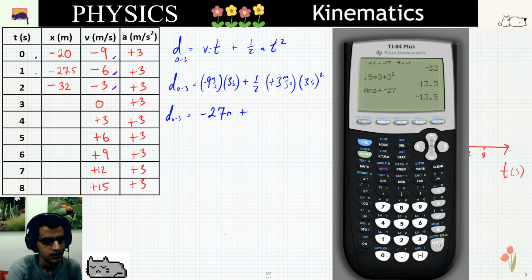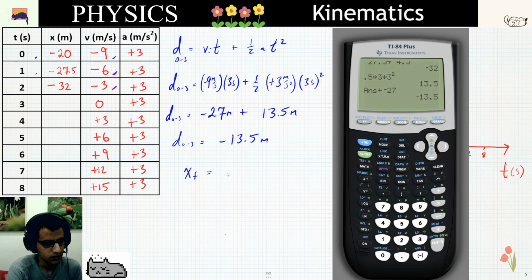So this here was 13.5 meters. And so our displacement from 0 to 3 seconds is equal to negative 13.5 meters. Then to get our final position, it's going to be equal to the initial position plus the displacement. Again, we need to remember that this is actually a delta x, our displacement.